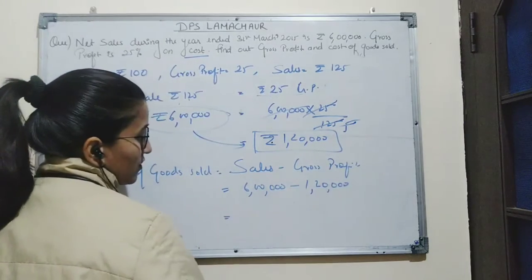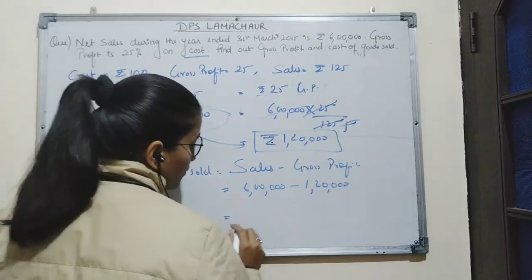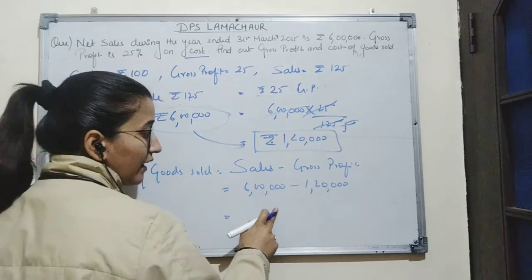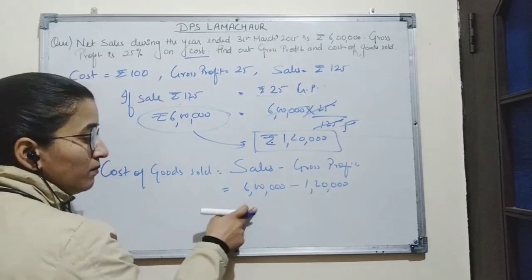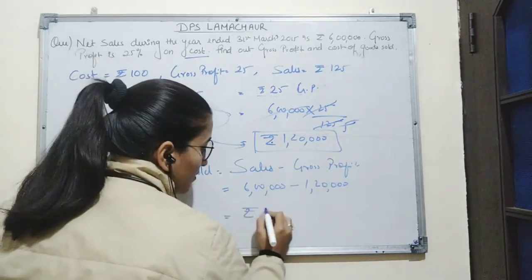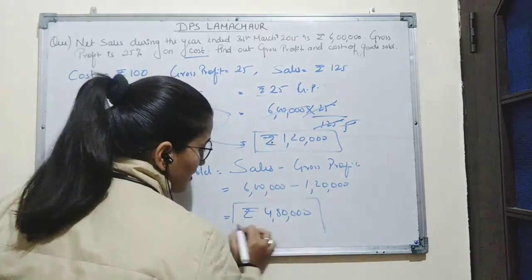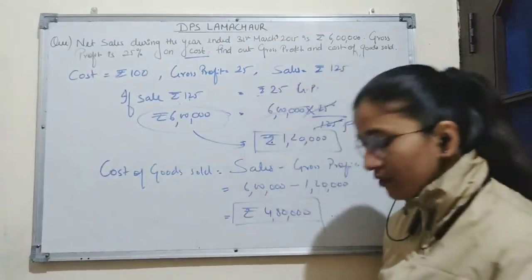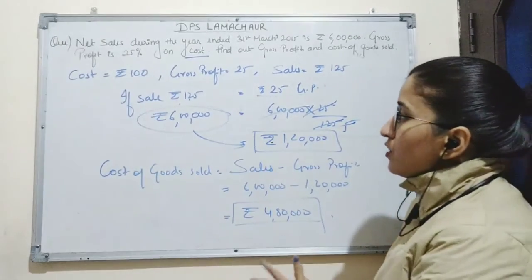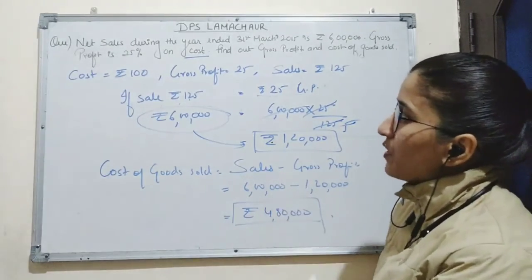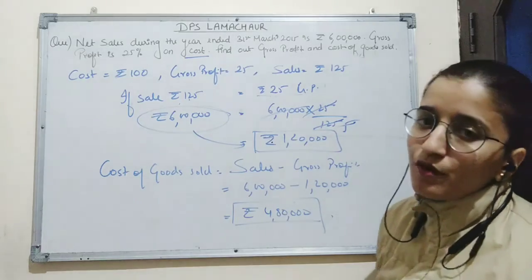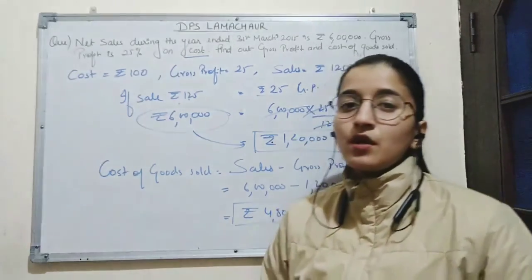So here we can calculate the amount of cost of goods sold by subtracting 1,20,000 from 6 lakh. We get the amount 4,80,000 as cost of goods sold. So this is how the question based on gross profit and cost of goods sold is solved.